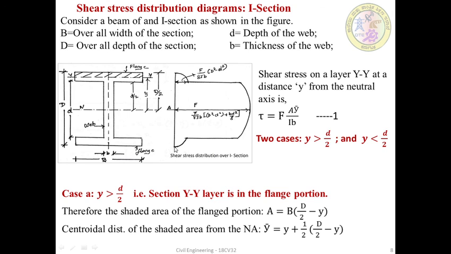So here the stress is 0, because when y is equal to capital D by 2, it will be 0, and when y is equal to small d by 2, I will get one value, and again at the same junction we will get another value, and the stress is maximum about the neutral axis. This variation is parabolic, this also is parabolic, and this also is parabolic, since the power of the variable is 2.